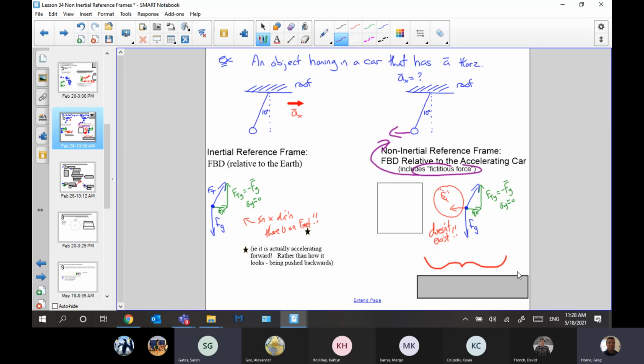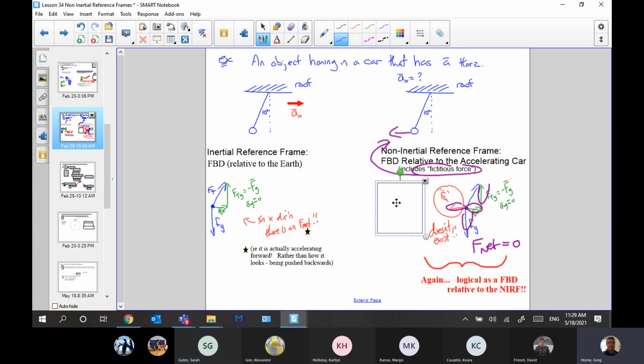I need to clarify here that this force and this force are balancing out to nothing. These are also balancing out to nothing, so F net equals 0. What's that telling us? It's not accelerating relative to the car. You betcha. Good job. So that's showing us no acceleration relative to the car.